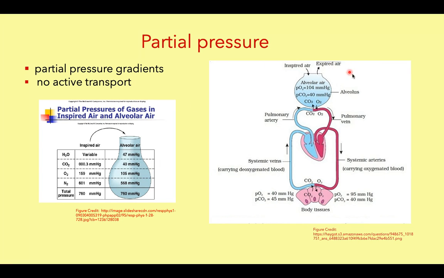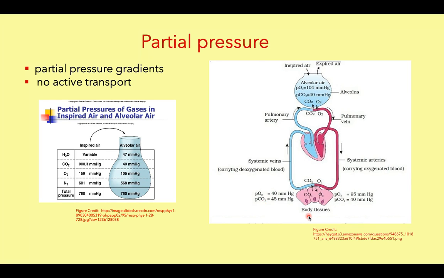But if we look in the systems, our pulmonary system and systemic system, we can see that there are partial pressures of these gases, and the pressure exerted by a particular gas is directly proportional to the percentage of that gas in the total air mixture. So when we look at the oxygenated blood that's coming from the pulmonary system going into the systemic arteries, we can see that oxygen is much higher than CO2 at this point, but not so much over here.